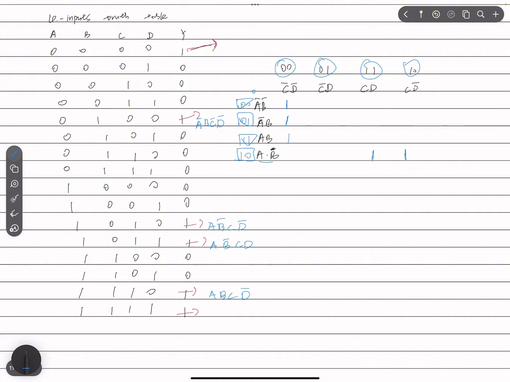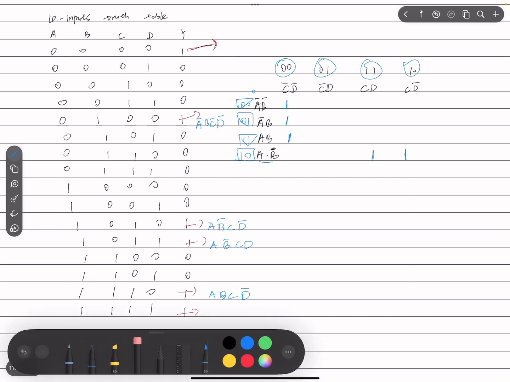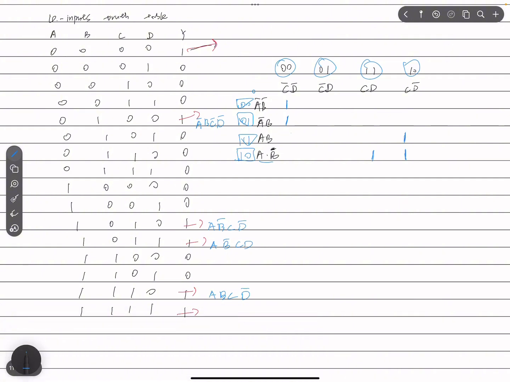And the last one is A, B, C, D, which is here. The rest is just zeros, so we can fill those out with zeros.